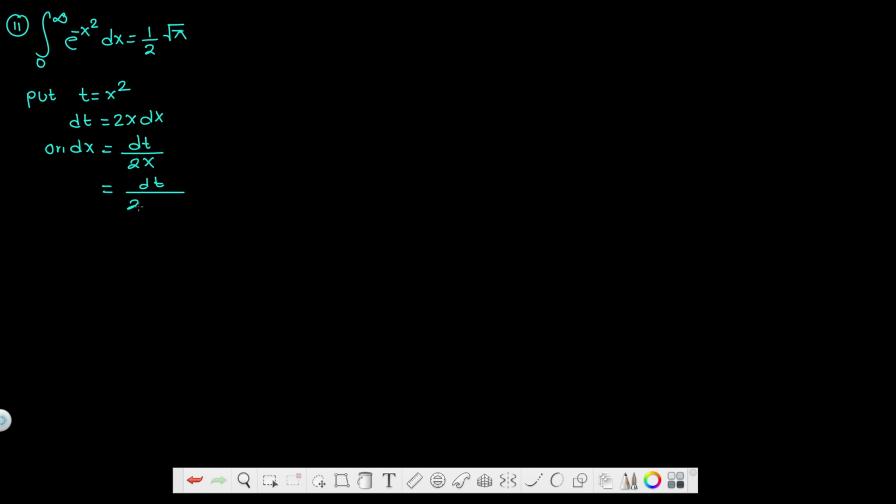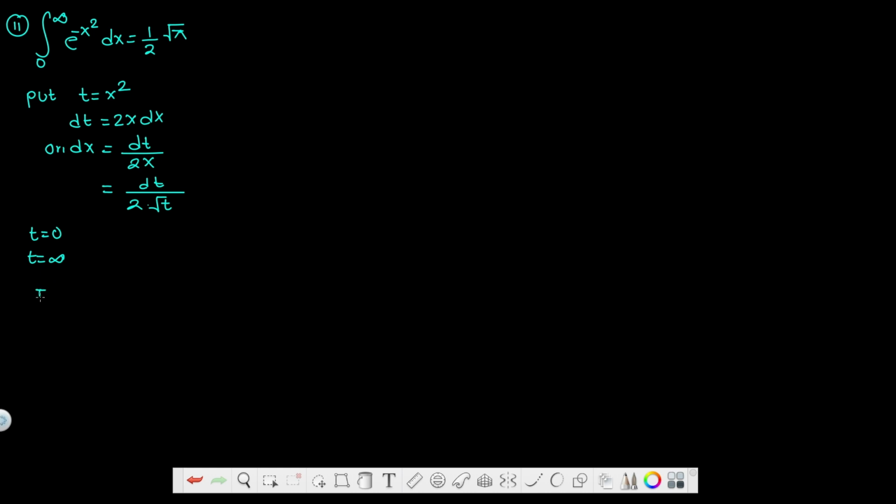So we let t equals x square, so x must be square root of t. Since we changed x in terms of t, now we have to change the limits as well. So put x equals 0, we will get t equals 0, and put x equals infinity, we will get t equals infinity. So the limits are same.